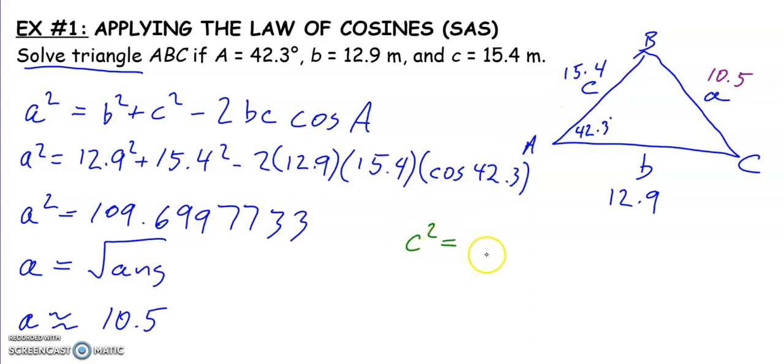That's C squared equals my other two sides squared, A and B, minus 2AB times the cosine of C. This is what I'm looking for. I am going to find the cosine of C.